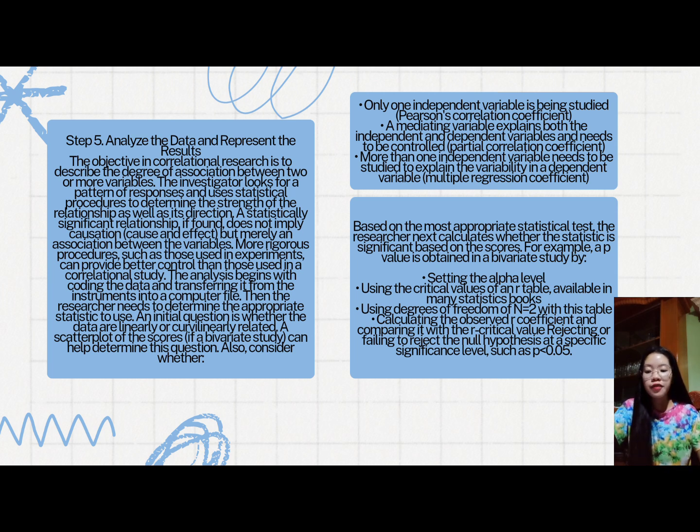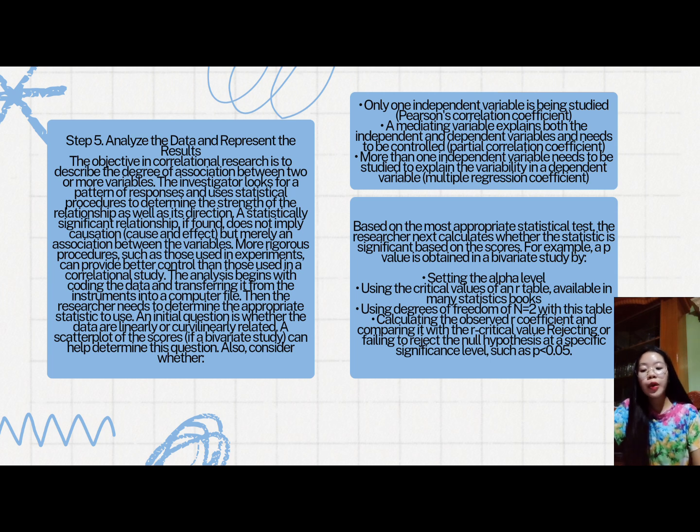The analysis begins with coding the data and transferring it from the instruments into a computer file. Then the researcher needs to determine the appropriate statistic to use. An initial question is whether the data are linearly or curvilinearly related. A scatter plot of the scores in a bivariate study can help determine this question.